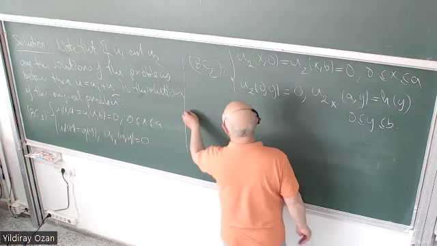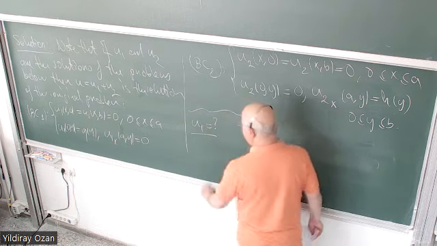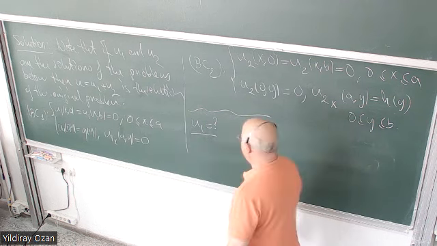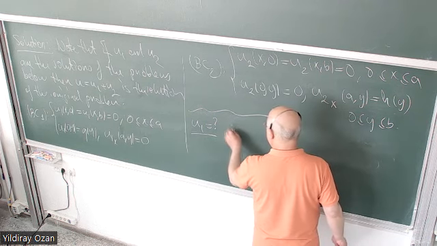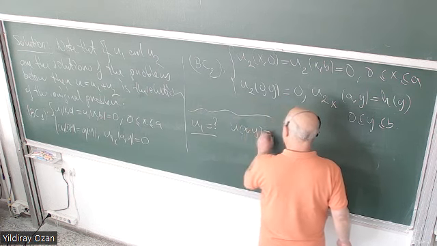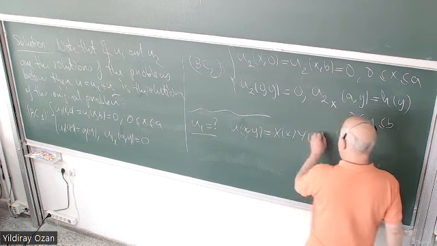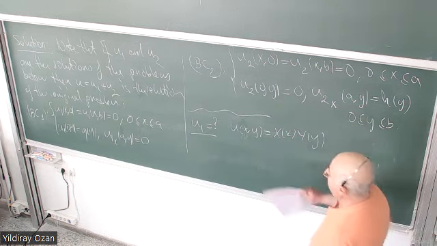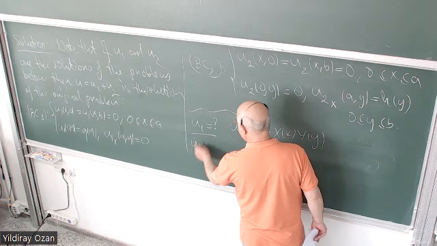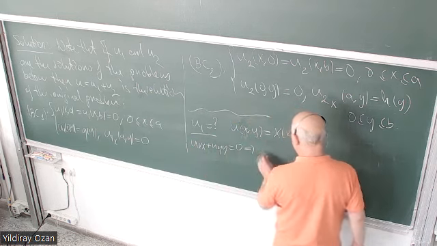Now how will we solve this? Let's first determine u1. So we just look for a solution of this type, u(x,y) equals X(x) times Y(y), right? And the equation u_xx plus u_yy equals 0 implies what?